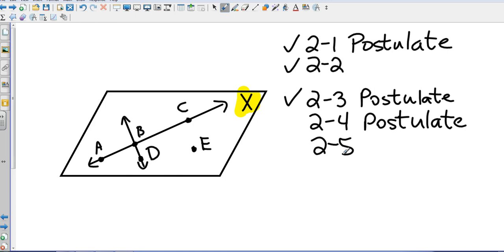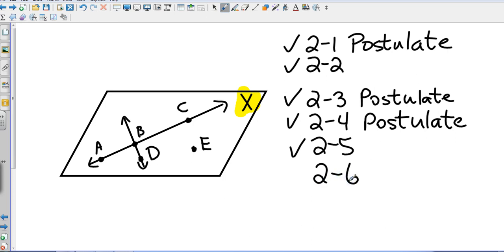And 2-5, a plane contains at least three non-collinear points. So we do have non-collinear points if we put these all together. For example, A, D, C, and E, those are all non-collinear points if I group them together. So they would also fulfill those postulates. And so that brings us to 2-6.